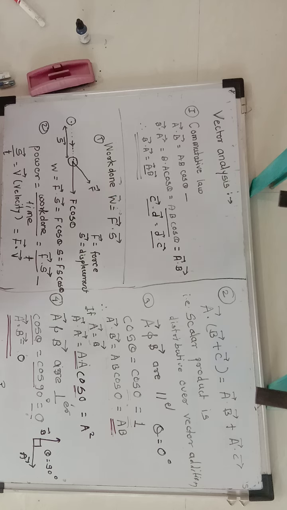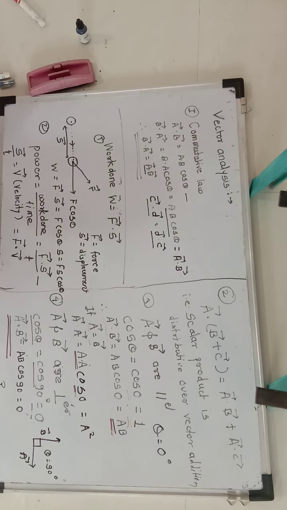Okay. The fourth property. Suppose a bar and b bar, these two vectors, are perpendicular to each other. The angle theta is equal to what? 90 degrees. So cos theta is equal to cos 90 degrees, which is 0. This means a bar dot b bar is equal to ab cos 90 degrees, which is equal to 0.